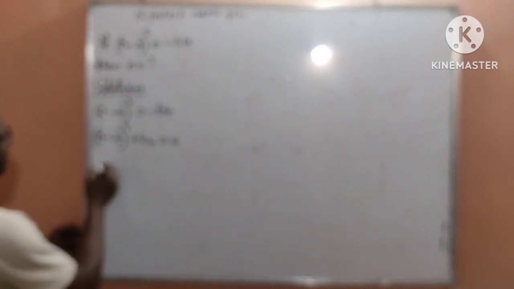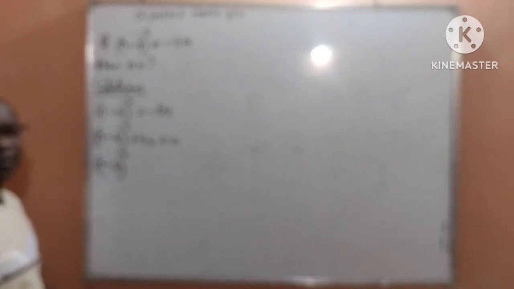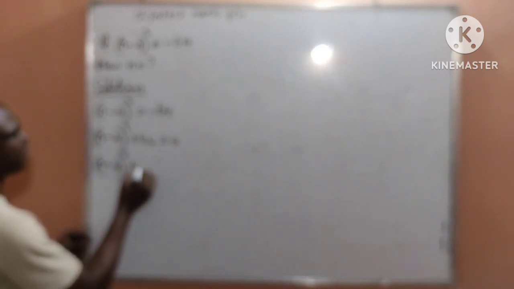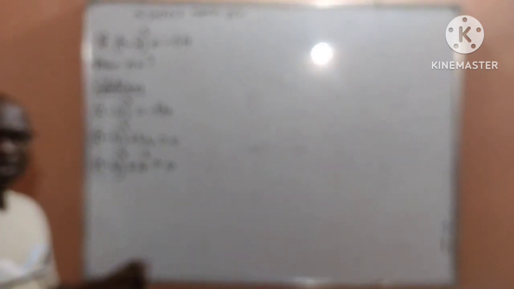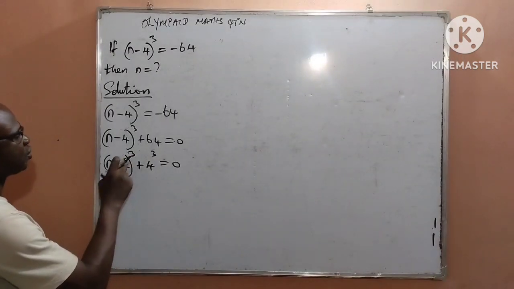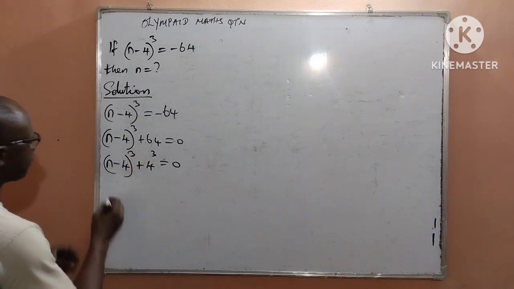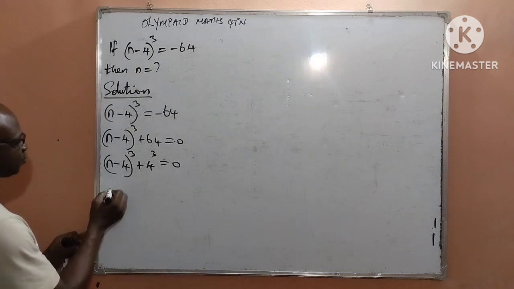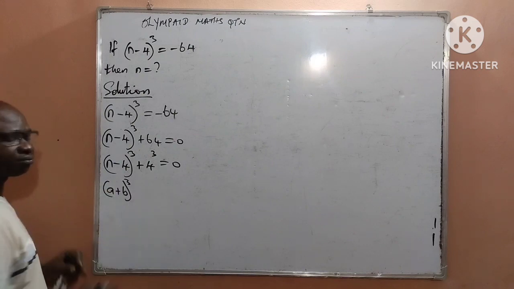At this point, I can express n minus 4 raised to the power 3, then expressing 64 as 4 raised to the power 3 equal to 0. What it means now is that I have both of the expressions raised to the power 3. Okay? Therefore, let us look at this sum of two cubes, a plus b, all raised to the power 3.